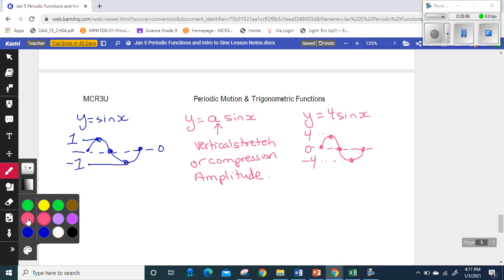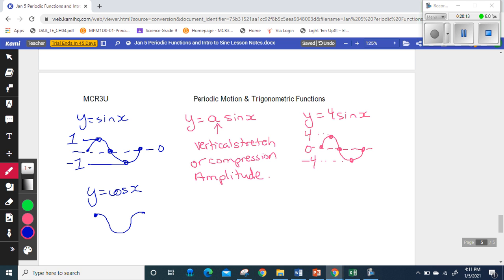If I did this with my cosine curve, let's see, cosine starts at the top, comes down, comes back up. So 0, -1, 0, 0, 1, -1. So if I were to graph, say, y equals 0.5 cos x, well, there's my compression.